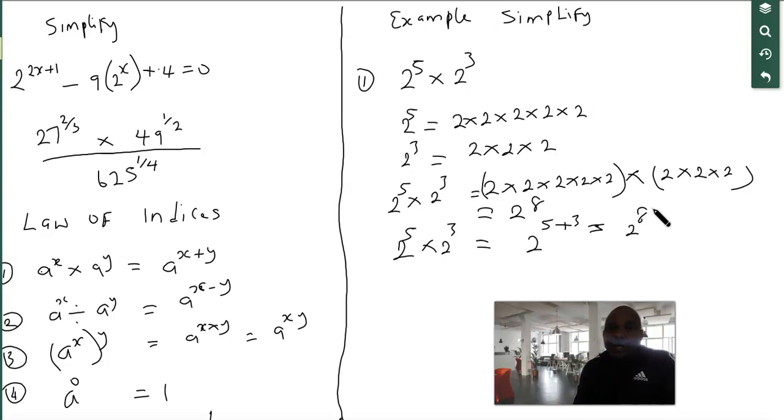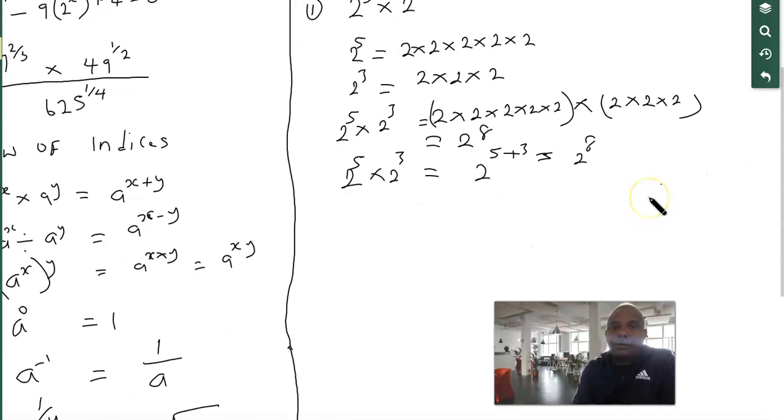Let's take example 2: 2 raised to 5 divided by 2 raised to 3.